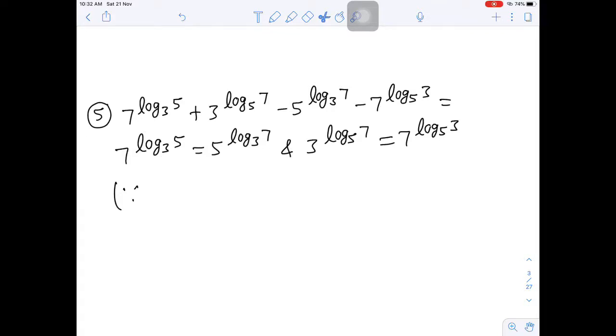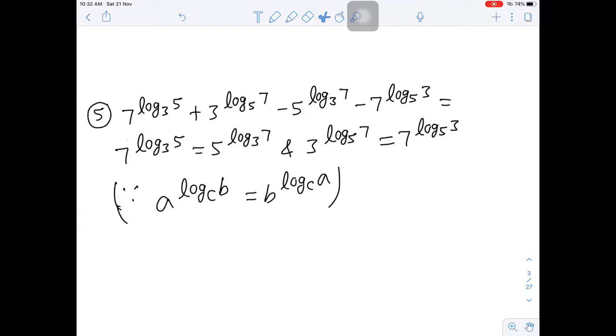which says that a to power log b, where suppose base is c, is equal to b to power log a. So if you compare, you can see, or basically you can also remember, that these two are interchanged.